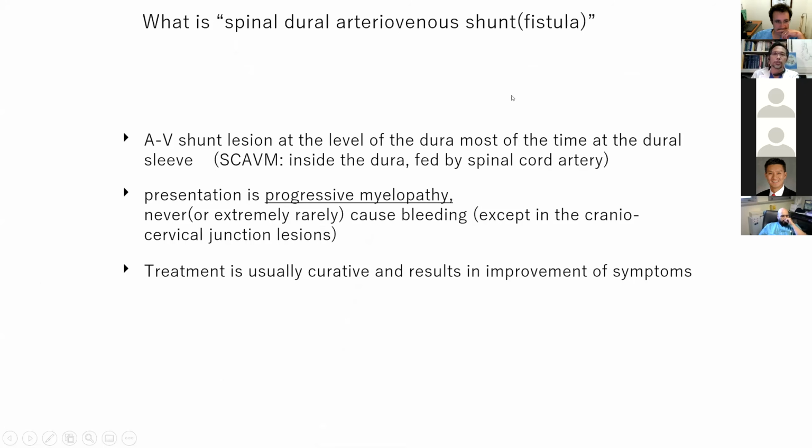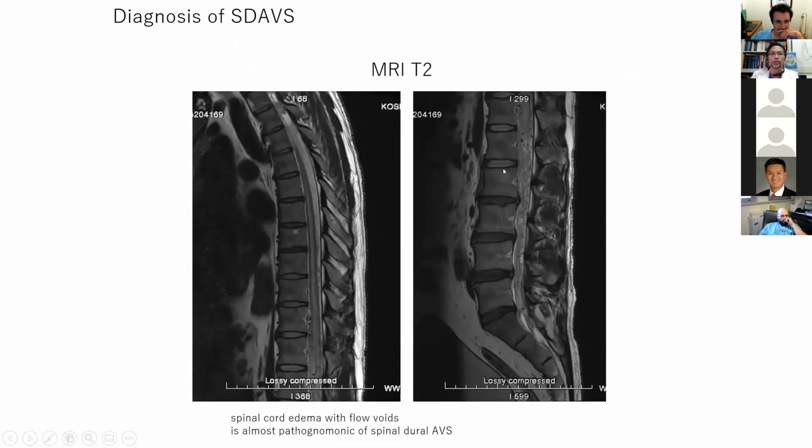Okay, you probably know this very well, but I'll take you to another aspect of this. Every time you see an edema in the cord with flow voids, the first thing you should expect is a spinal dural AV shunt, unless proven otherwise, or even if it's proven otherwise, sometimes you shouldn't trust the people who say it's not a dural fistula.